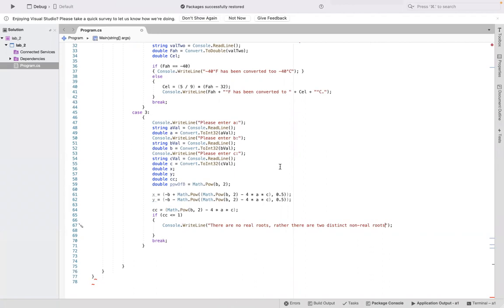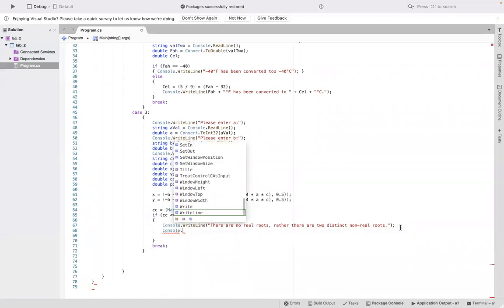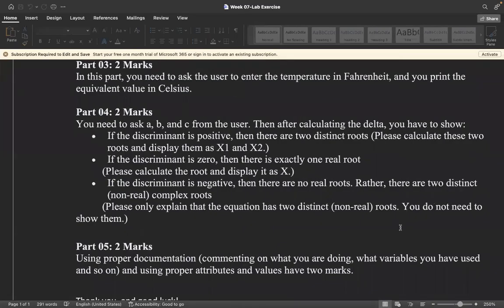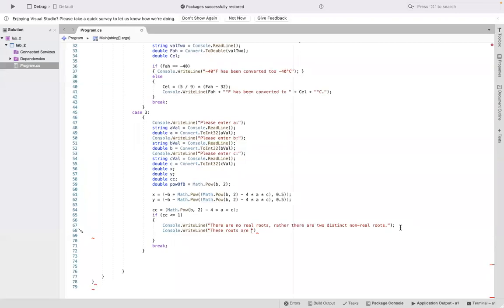And then you can just say on another line, Console.WriteLine, these roots are x and y respectively. The values for the variables x and y. You mean x1? Yeah, but the actual values, like the ones we calculated above. Yeah.